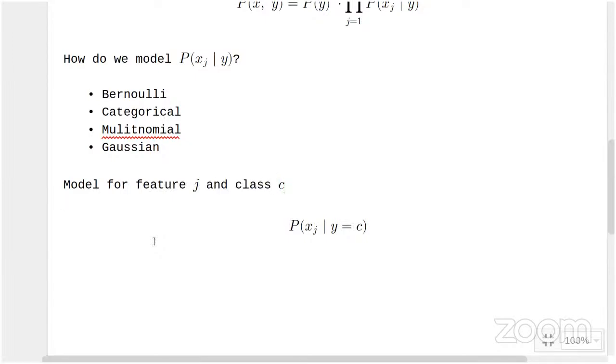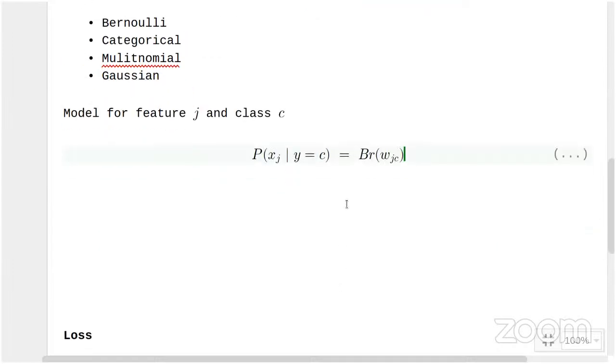So I'm going to express this as a Bernoulli distribution, because xj, assume that it's binary, parameterized by something called wjc, right? Wjc, in the machine learning sense, we can view as a weight, but in the probabilistic sense, this is the parameter of a distribution.